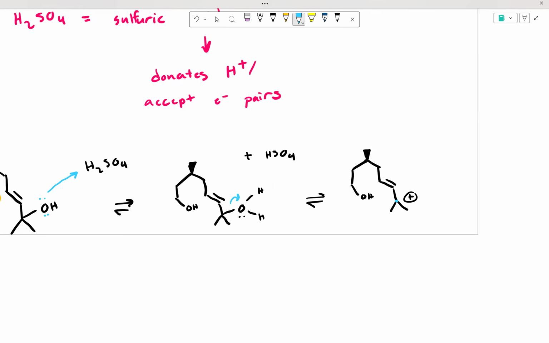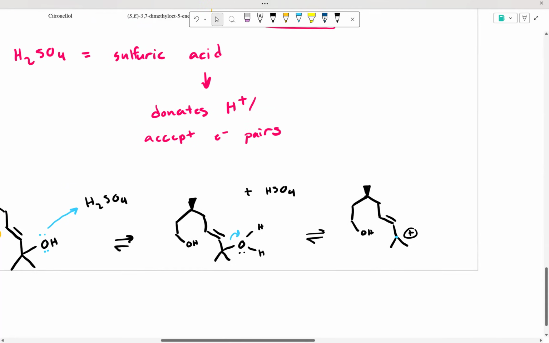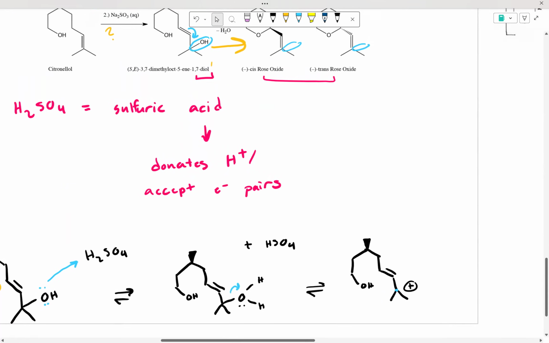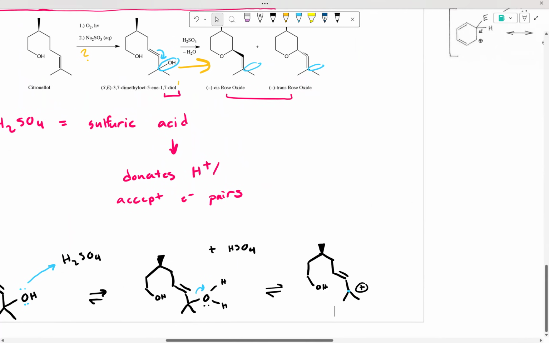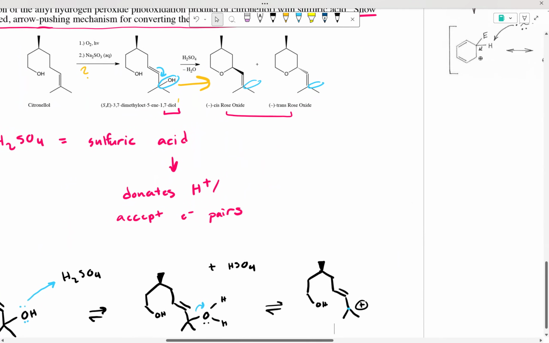Okay, the next step is thinking, how can I move this? How can I manipulate this molecule such that the positive charge is gone and it looks more like the product that I want to make?